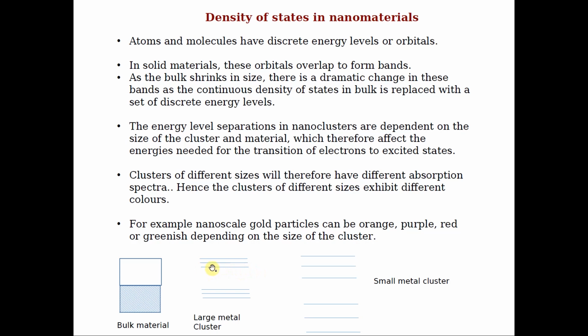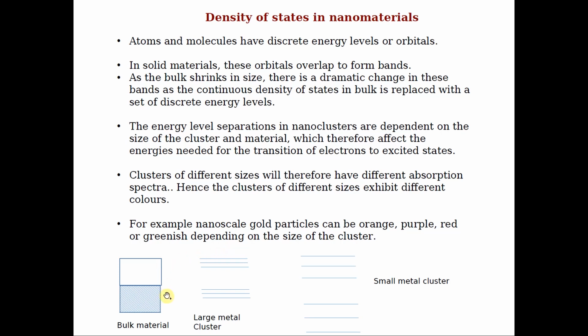When you have an energy level, where will the electrons go and sit? Let that position be called an energy state. So how many energy states are available throughout a particular band, say in a conducting material, something like a valence band or a conduction band? That's known as density of states.